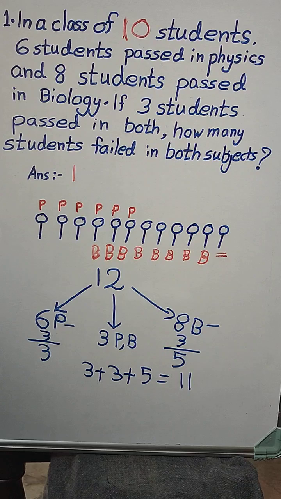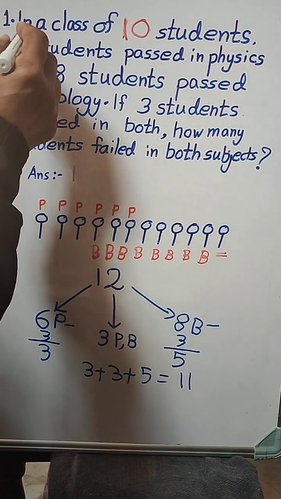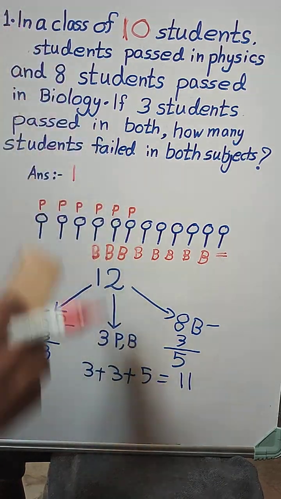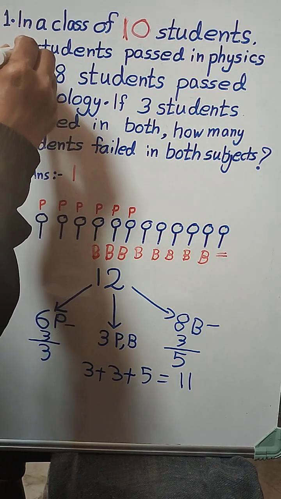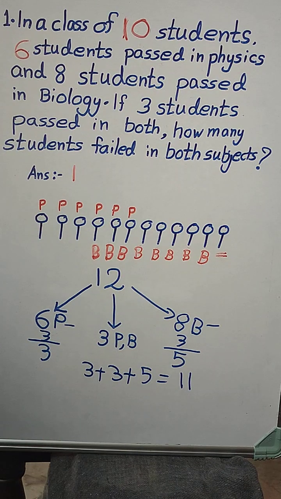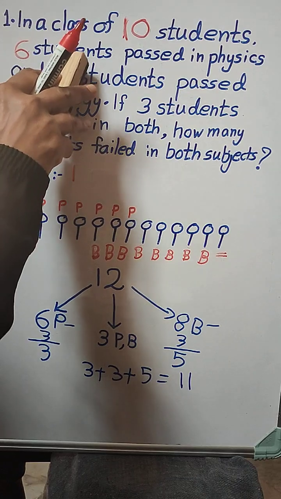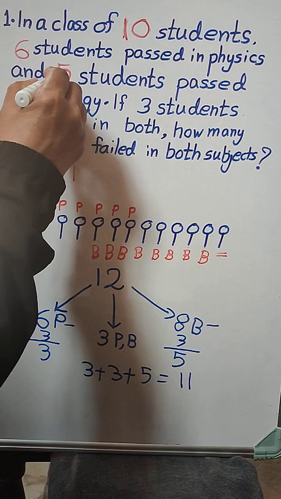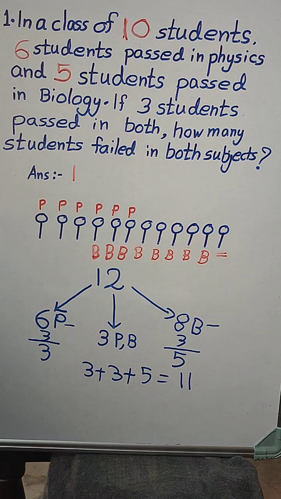In a class of 10 students, 6 students passed in physics and 5 students passed in biology.